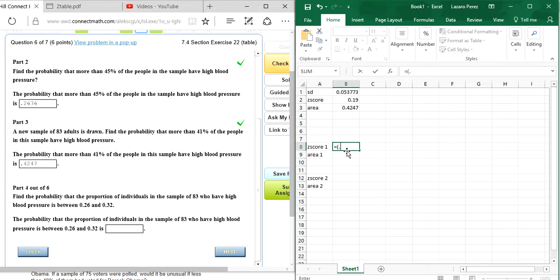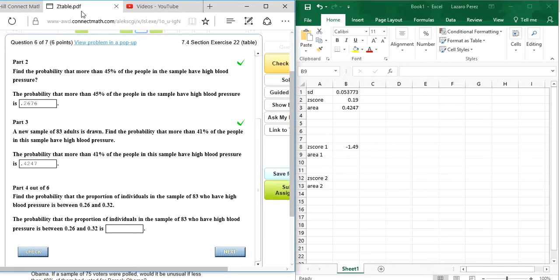So 0.32 minus our mean, which is 0.4, divided by our standard deviation. That's negative 1.49. So let's find the area for that.